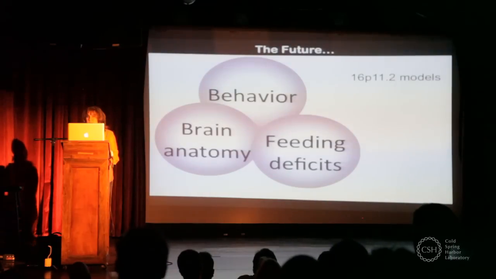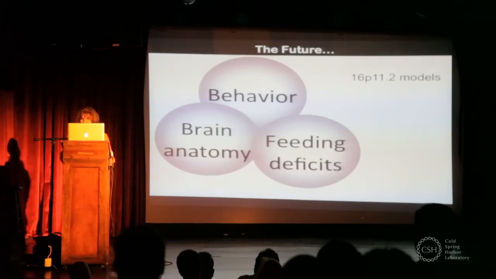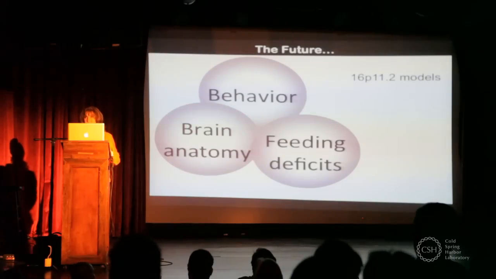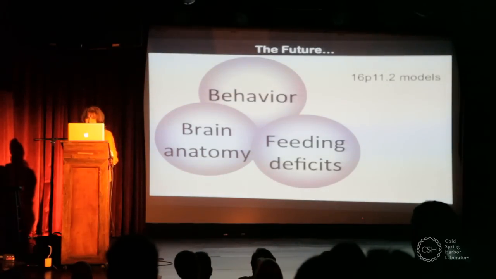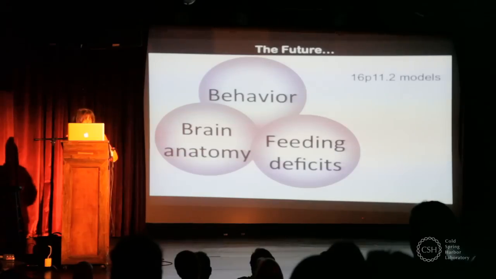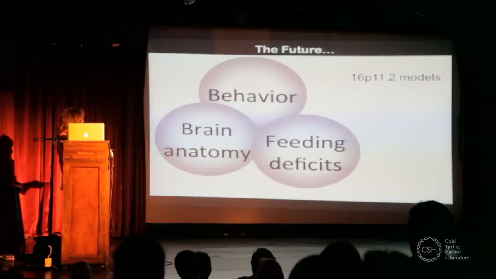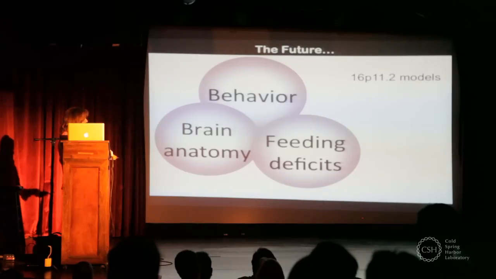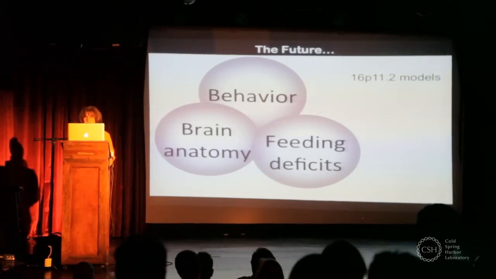And so, you know, the future and what it might bring for this particular project, there's a lot of things. Whenever we make one discovery, there's 50 more questions, and it's really exciting. We have these really robust behavioral phenotypes, brain anatomy phenotypes, and these feeding deficits. That's great.